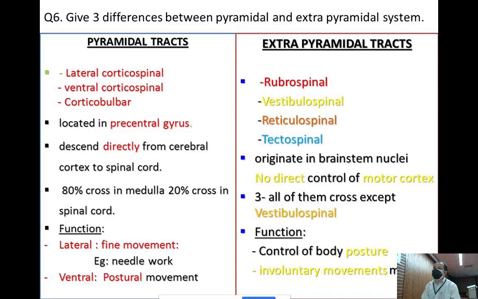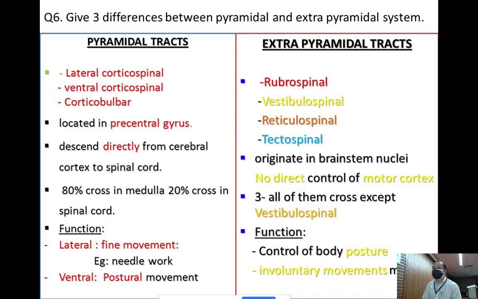So we can now have a relook at this. I already showed you in the last class when I started the discussion on pyramidal tracts, and again we can conclude with this.